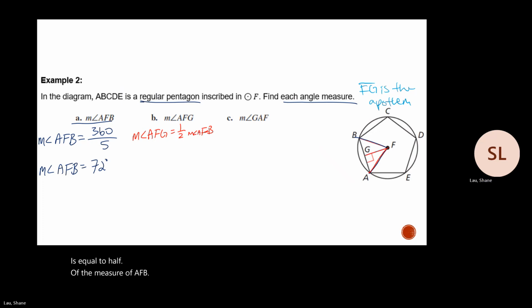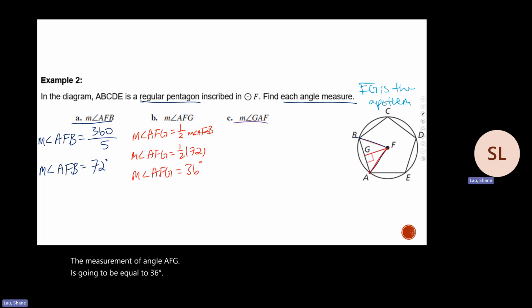Putting that together, 1/2 times 72, the measurement of angle AFG is going to be equal to 36 degrees.